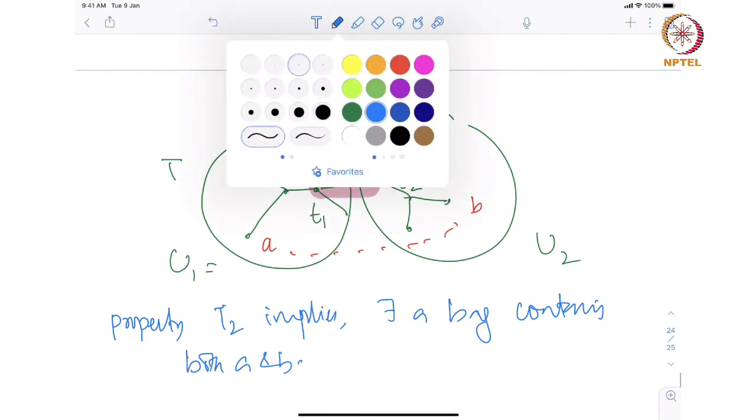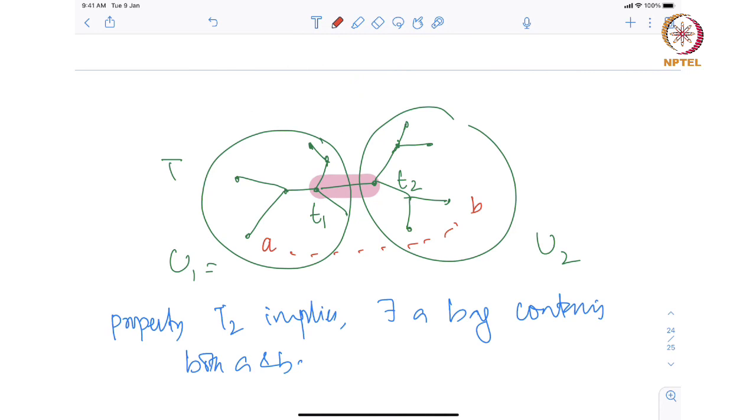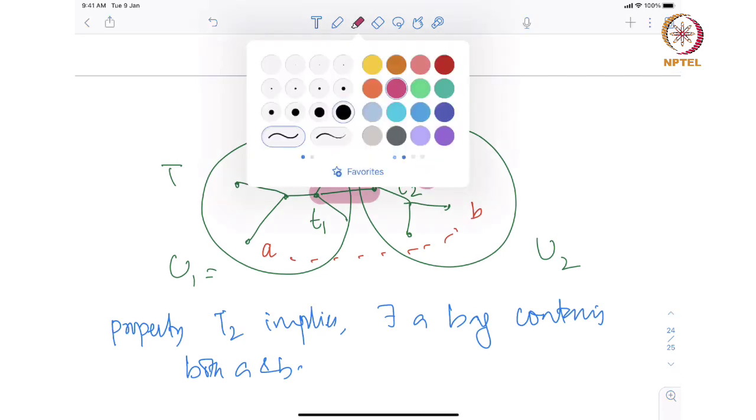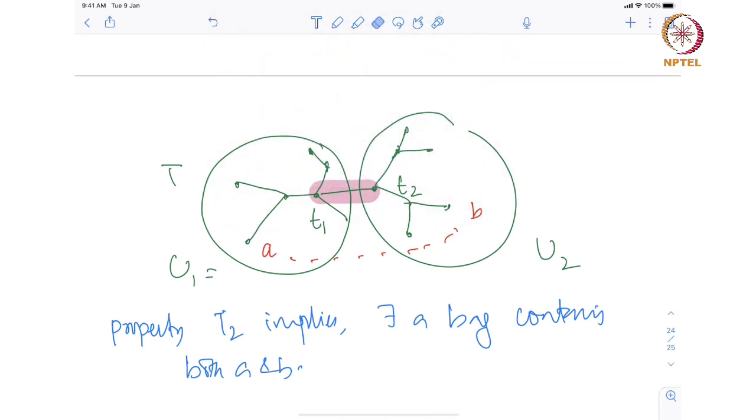B is in some bag on this side, A is here. Suppose that bag is somewhere here. What happens? If this is a bag that contains both A and B, then what do we mean?